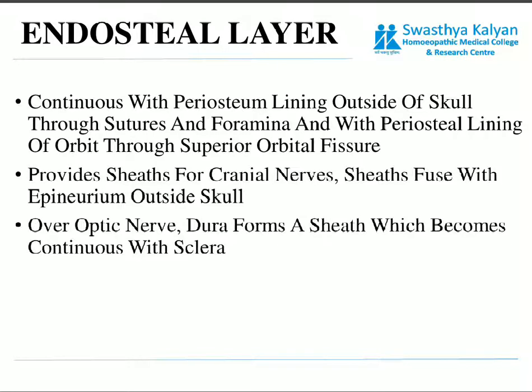We discussed this over the optic nerve when we were studying the anatomy of the eyeball. The optic nerve also has a sheath of dura mater around it, which later becomes continuous with the sclera.